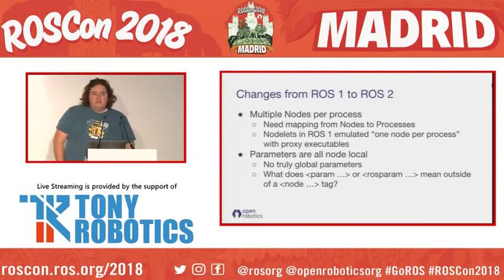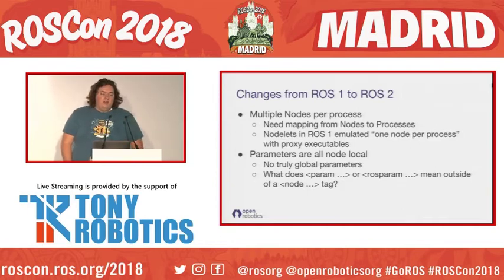I think, as also mentioned before, parameters are a bit different in ROS2. We no longer have the notion of a global parameter space. We can still have a node that you can call the global parameter server that anybody can read and write to, but we don't have a master that holds the parameters or anything like that. So those are things we have to change.